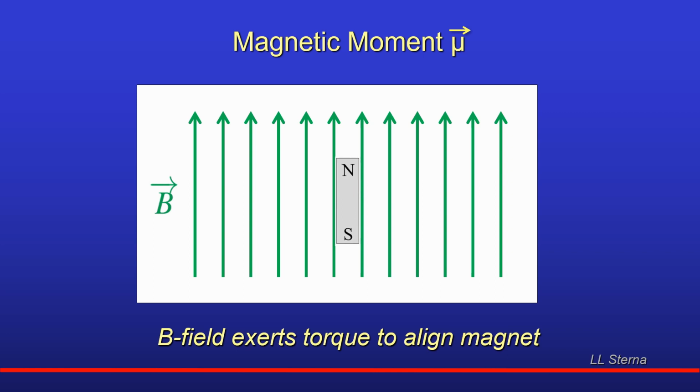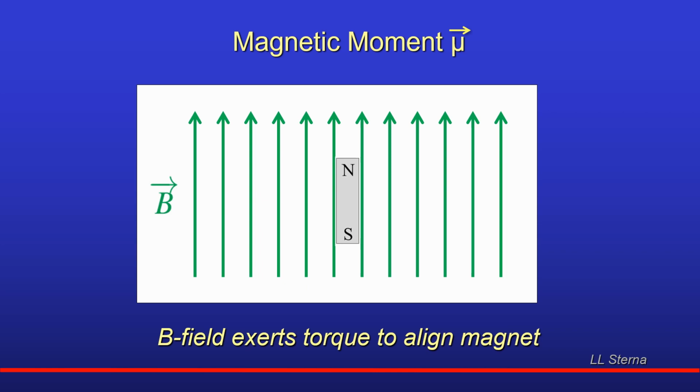This torque is going to be proportional to the strength of the field, the strength of the dipole, and it's related to the angle between the two. If you know the strength of the field B, you measure the torque, you can calculate how great is the magnetic moment mu. The larger the magnetic moment, the larger the torque.